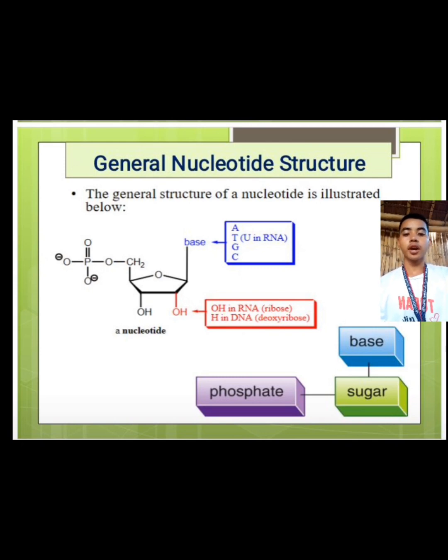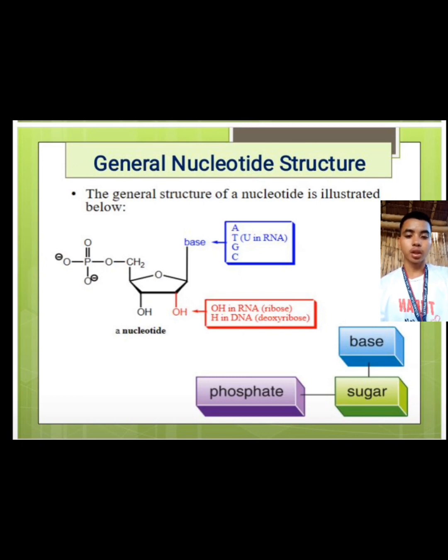The presence or absence of this hydroxyl group differentiates ribonucleotides found in RNA from deoxyribonucleotides found in DNA.